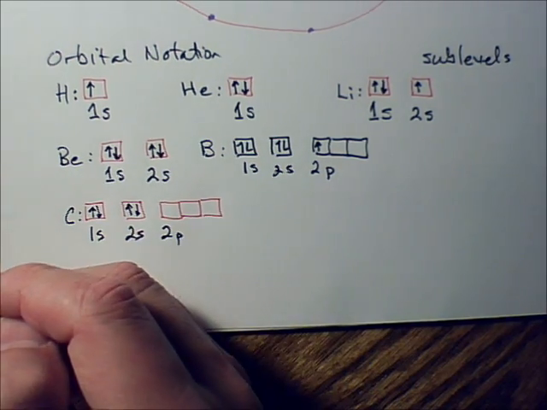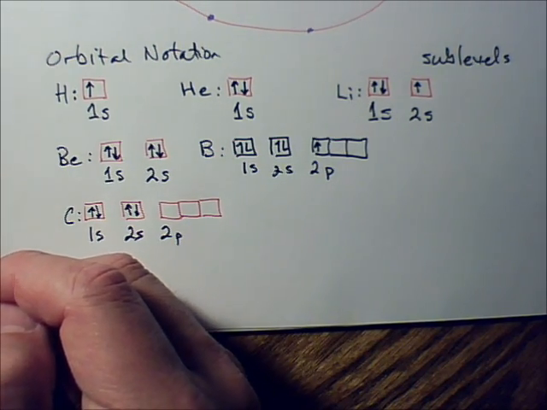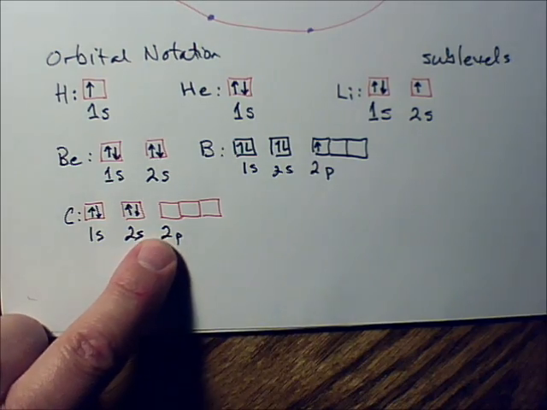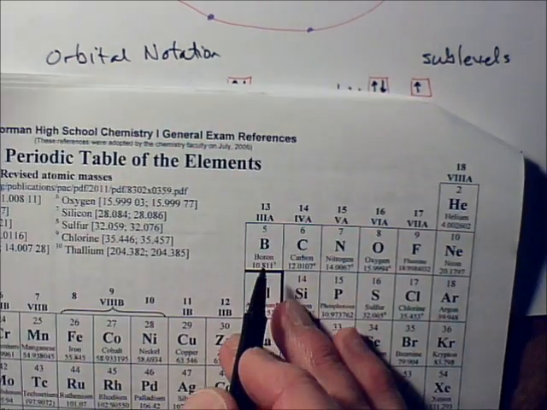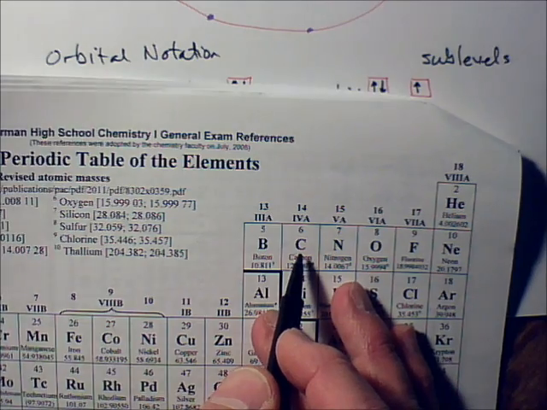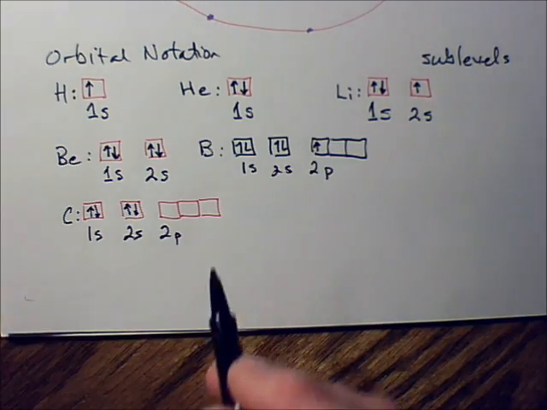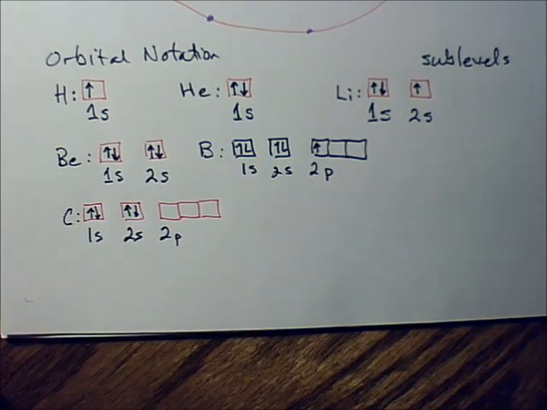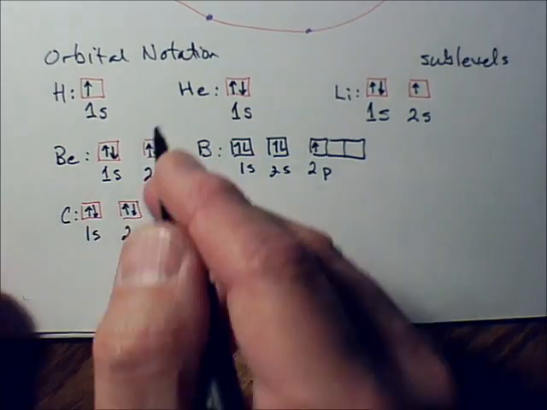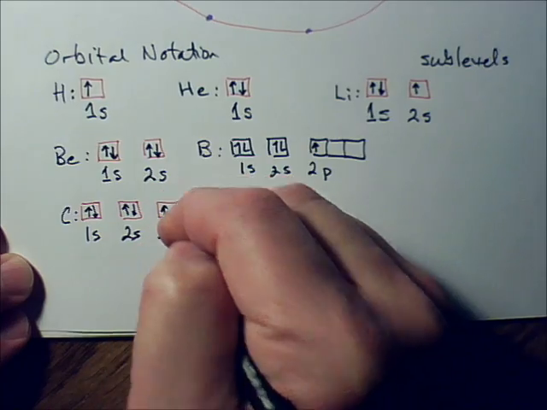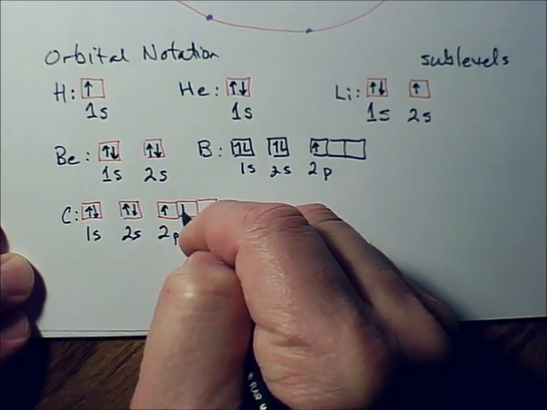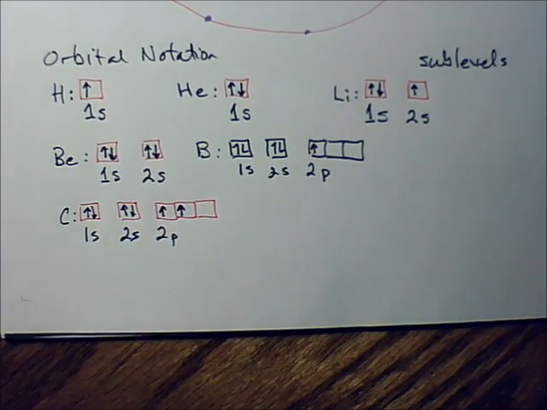Opposite spins because of their quantum entanglement. Okay? When we get to the p sublevel then, I've got 2 electrons to put in there. And like the poor little first grade kids on that bus that don't know anybody, they're going to choose to sit on opposite seats. Separate orbitals. Okay? This one's going to go here, like in boron, and this one's going to go here. Got it?